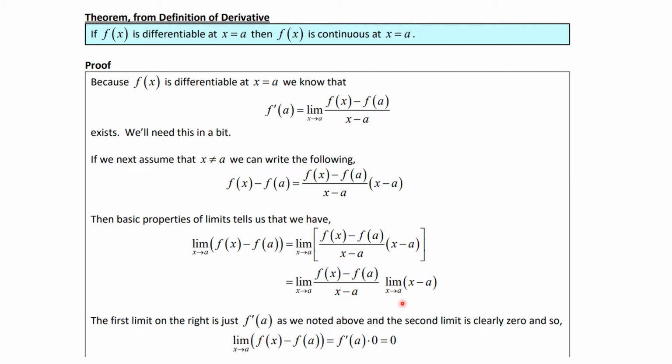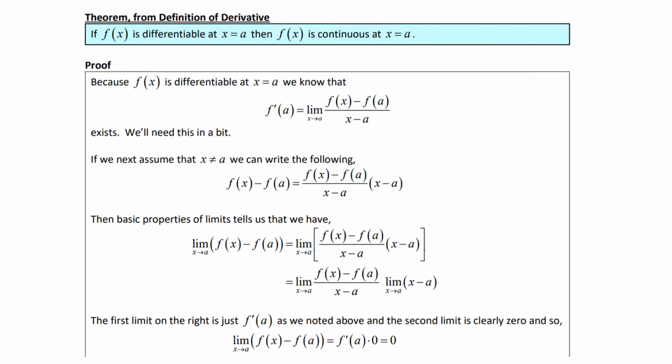And because y equals x is continuous at any point a, the limit as x tends to a of x minus a is in fact 0. So this limit that we've reached here is f prime of a, whatever number that is, times 0, or 0.